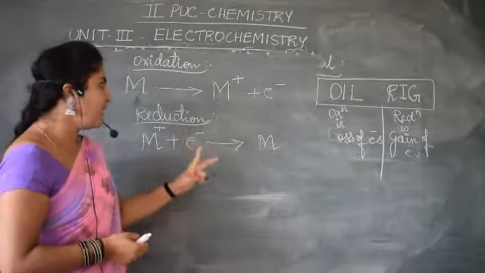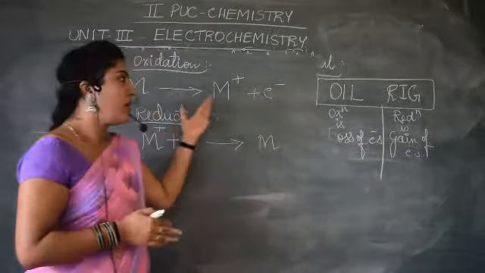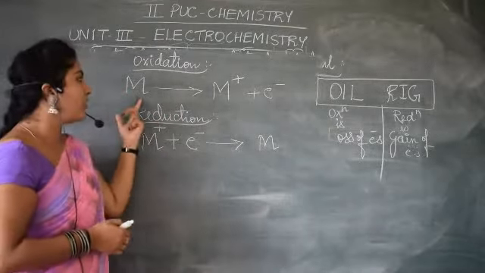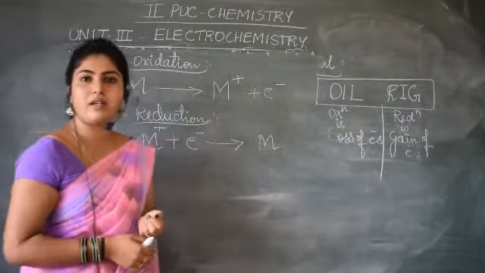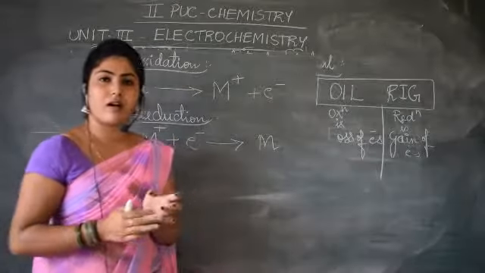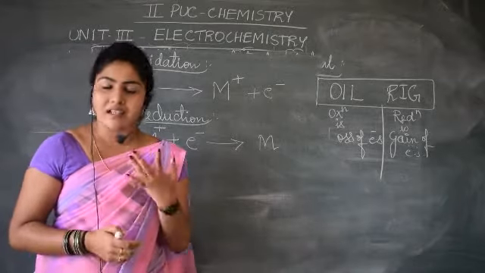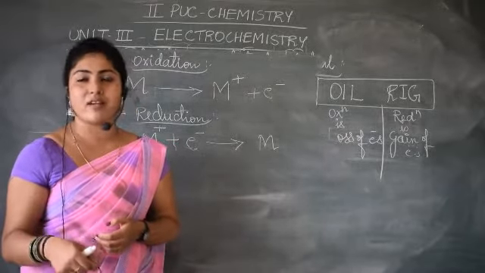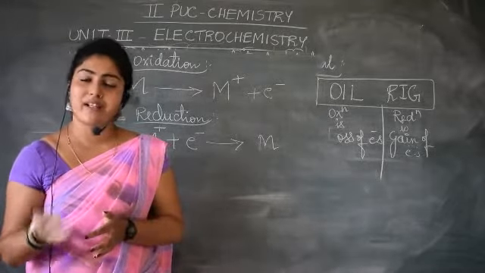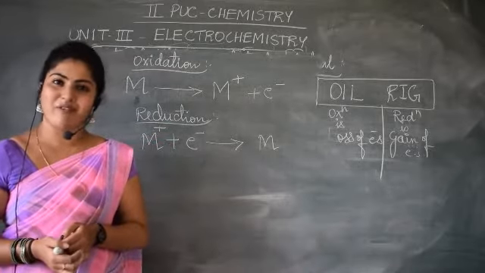Oxidation is loss of electron, reduction is gaining of electron. Here the metal has lost the electron. So these are the basic principles and important terminologies related to electrochemistry. In the upcoming videos, we will discuss the concepts related to the Daniell cell and how we can calculate the electrode potential, along with other important and interesting aspects of electrochemistry.